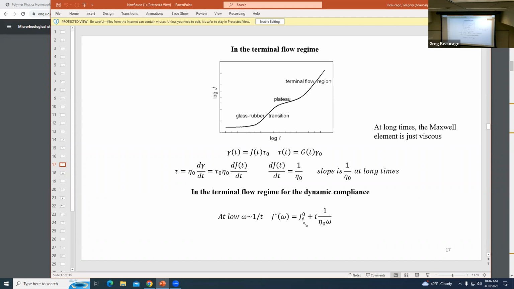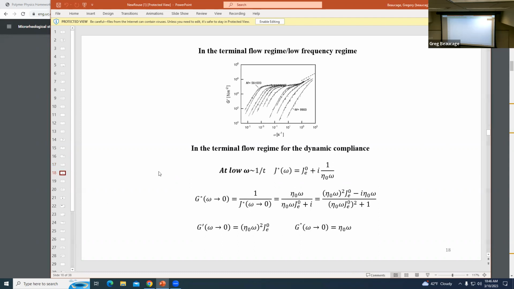So if you convert that to modulus, you take 1 over the complex compliance. Everything in this whole subject is like a mess, and this is the simplest possible part of it. You'll end up with this equation multiplied by viscosity times frequency, and if you want to remove that, you multiply by this minus i, and you end up with this equation.